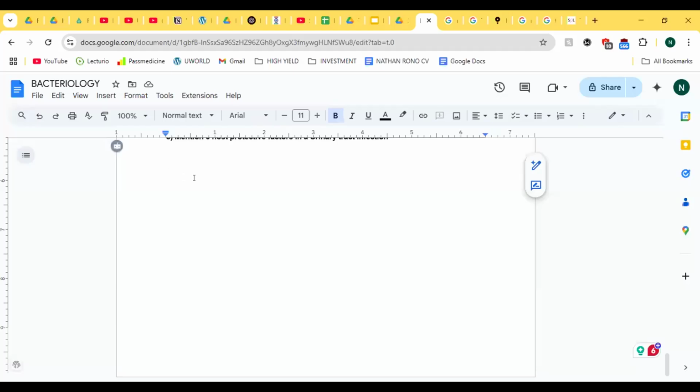Can you see my screen? Now this is what I wanted you to write. DNA viruses. We have naked. Under naked, we have parvo. After parvo, we go to adeno, then papilloma. And then here we have enveloped.